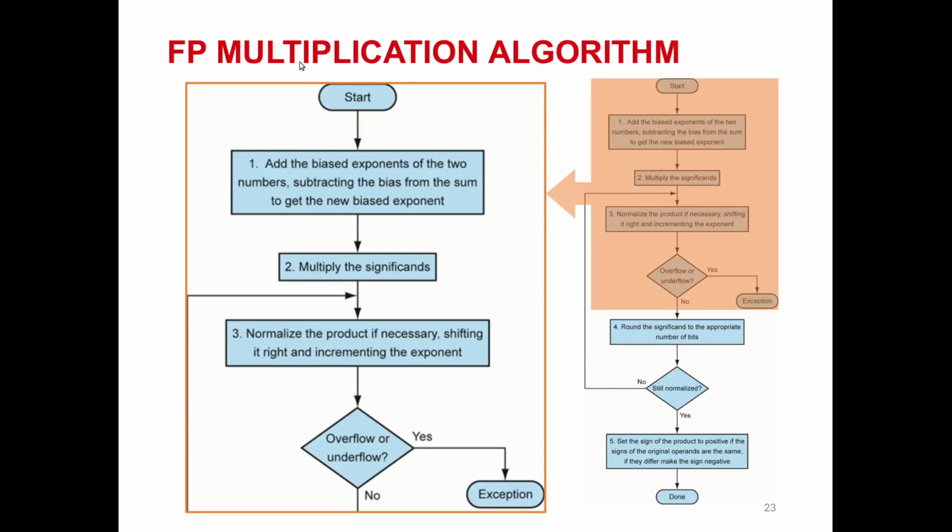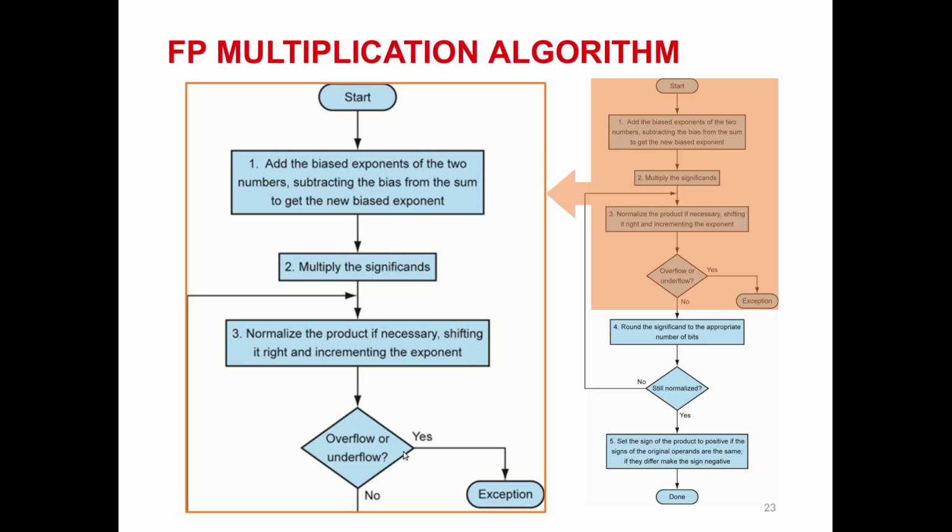So here is the algorithm for floating point multiplication. At first we add the biased exponents of the two numbers, and subtract the bias from the sum to get the new biased exponent. And then we multiply the significands. After that we normalize the product if necessary, shifting the result to the right and increasing the exponent to make sure that the significand has the format of 1 point something.